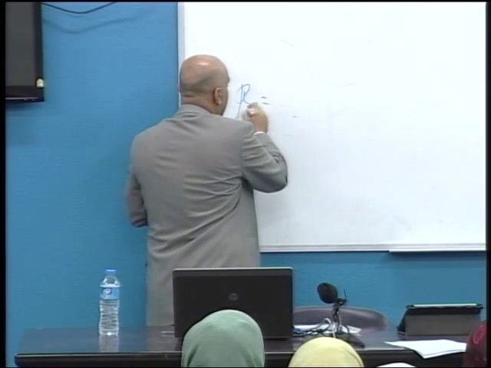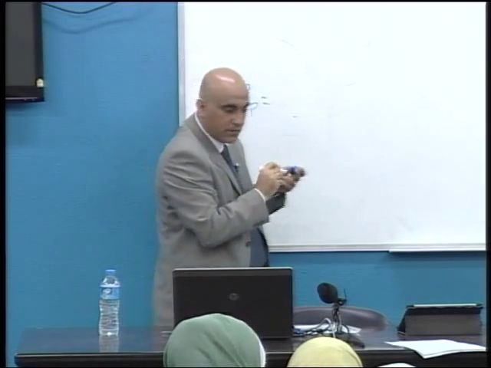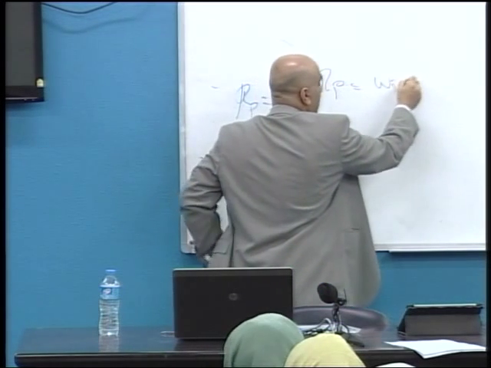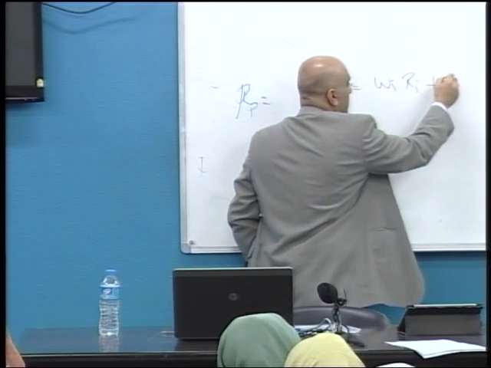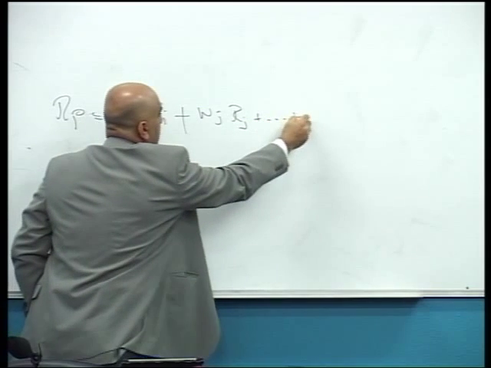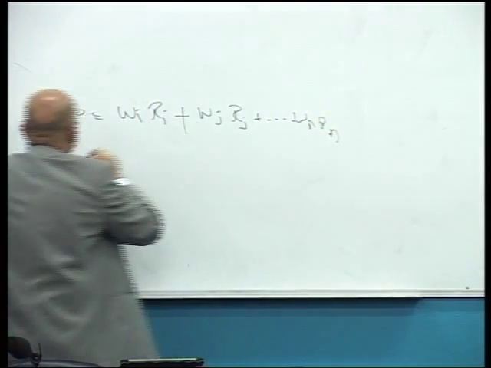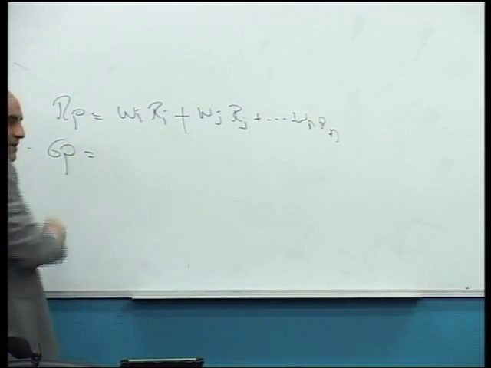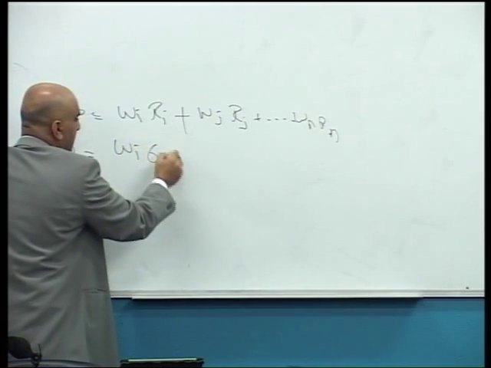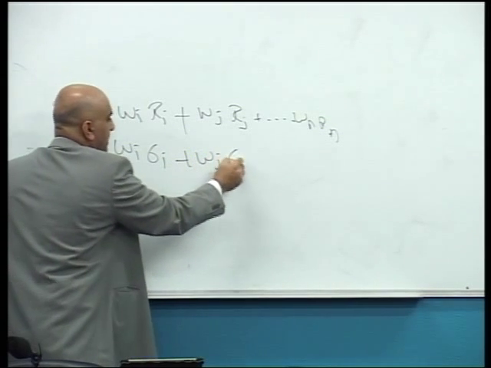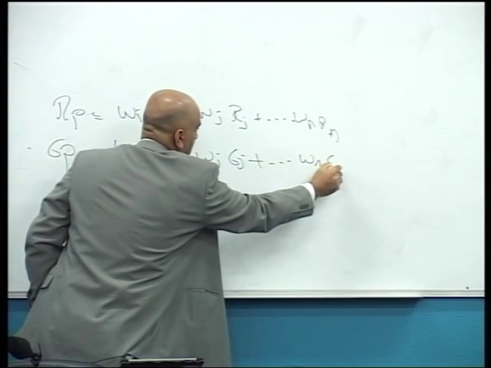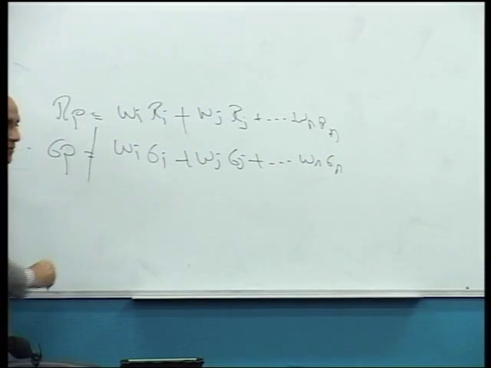When we calculate the return of the portfolio, it is WI times RI plus WJ times RJ, okay, plus WM RM. But we cannot say the same for sigma: WI sigma I plus WJ sigma J plus WN sigma N. So this is totally wrong.